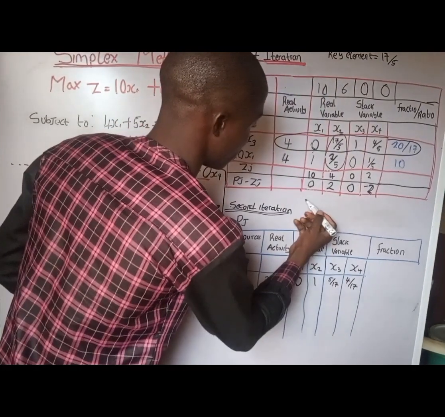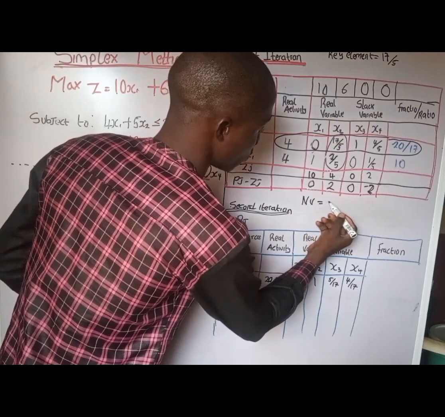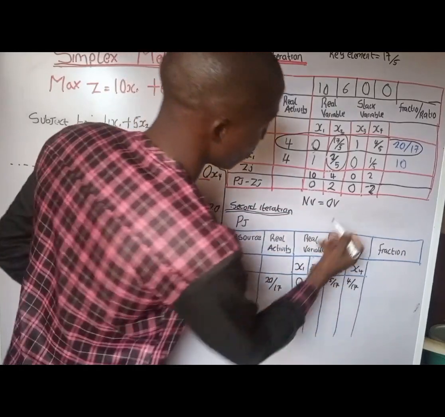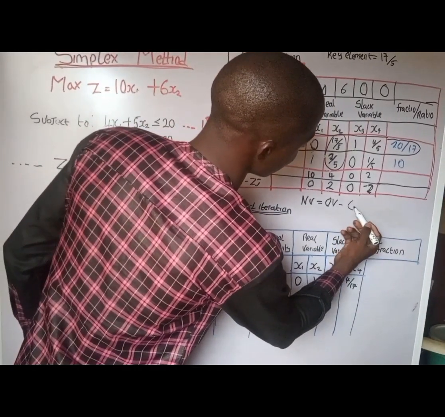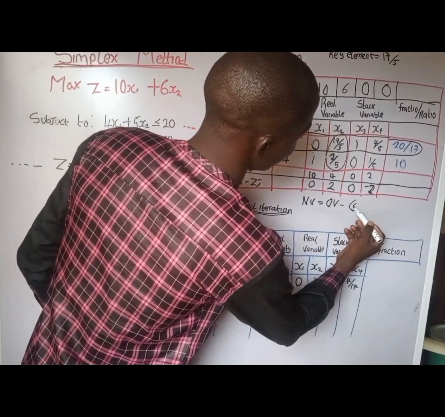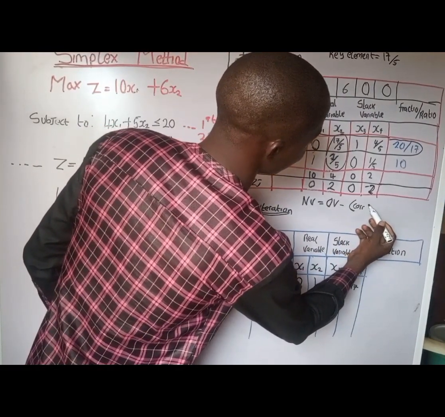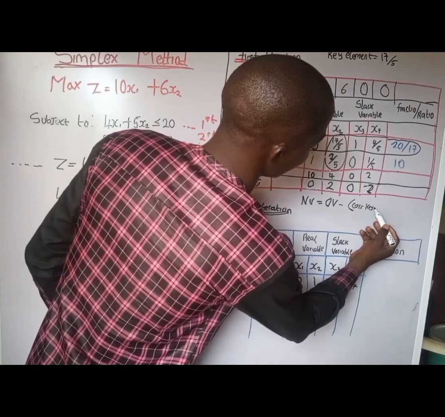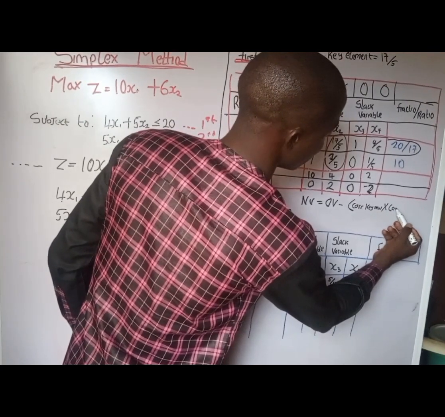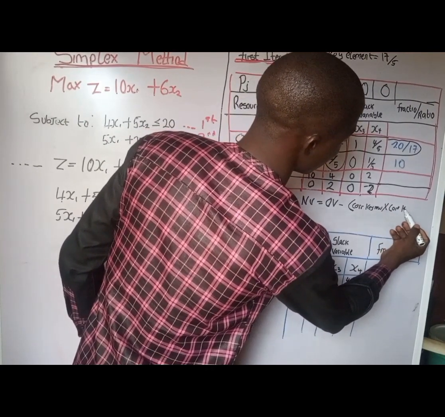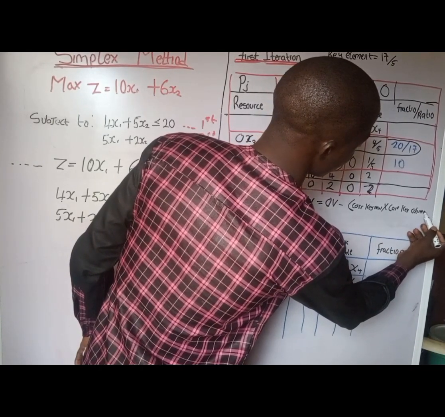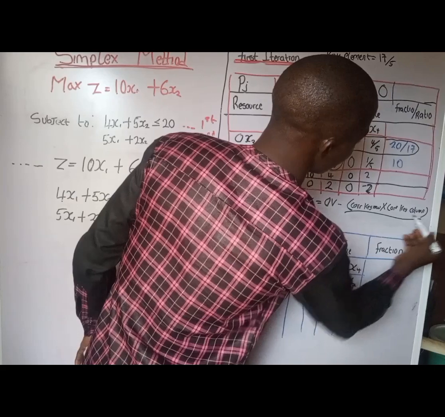New value is equal to old value minus the product of corresponding key row elements, multiplied by corresponding key column elements, all over key element.